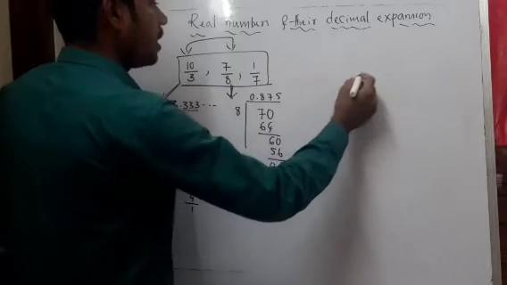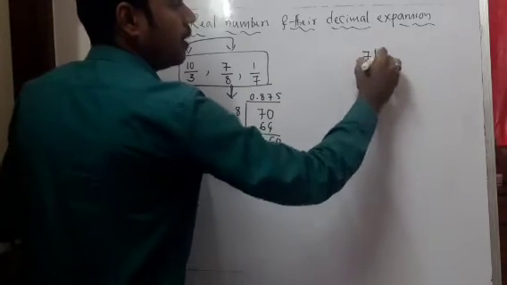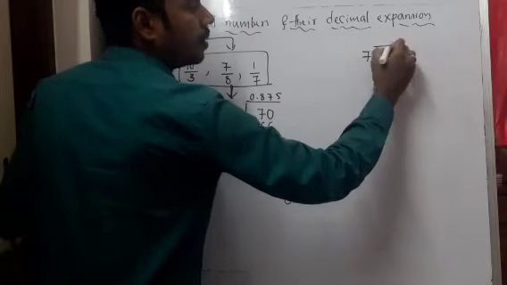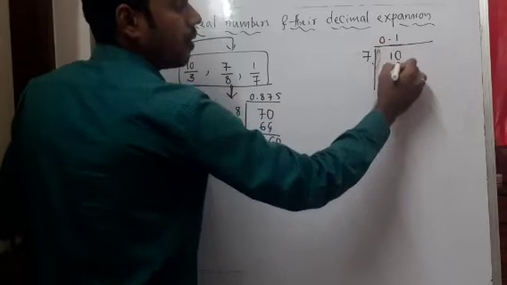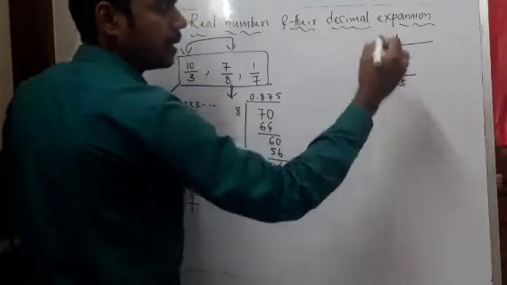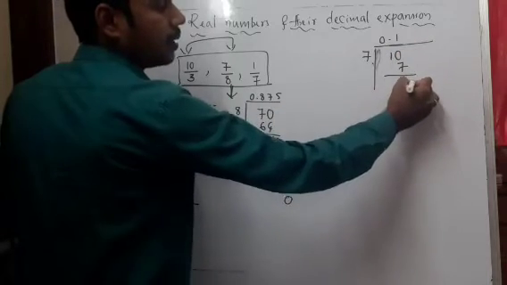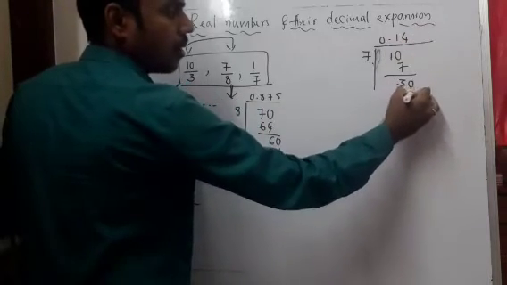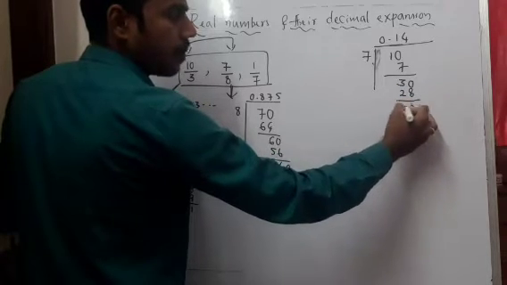Now when it comes to 1 divided by 7, 7 1s are 7. 3 is the remainder. So again 30. 7 4s are 28. What is the remainder? 2 is the remainder.